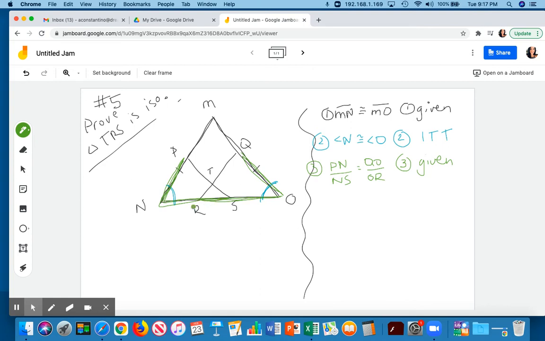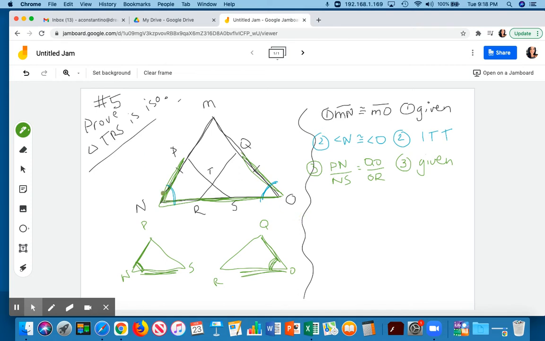If you're looking at those two triangles, it would be PNS and QOR. Okay, so it's saying that this side is proportional with this side, and we found out that these angles are both the same from the bigger isosceles triangle.